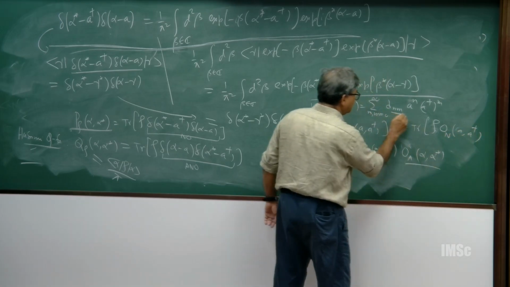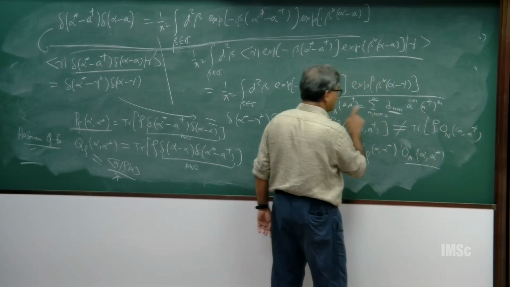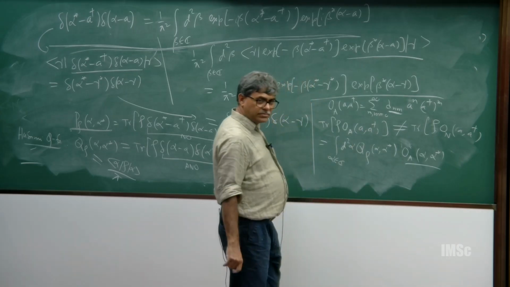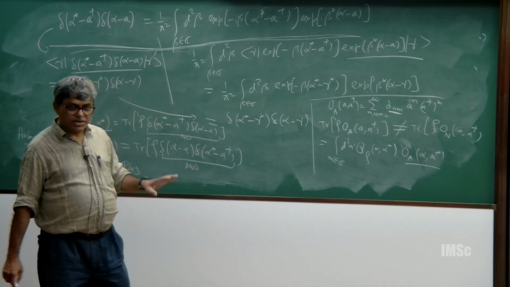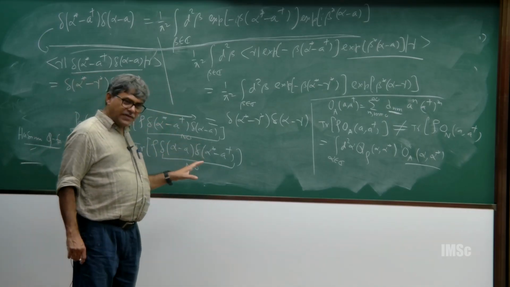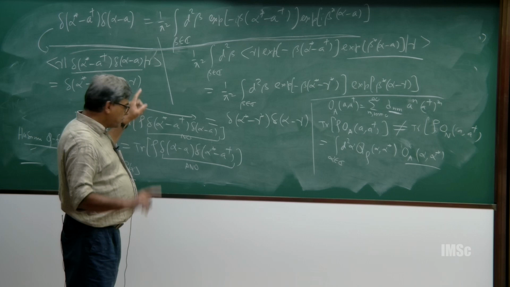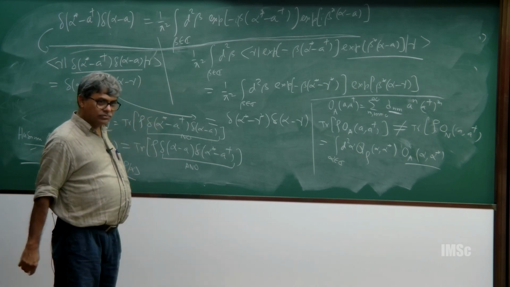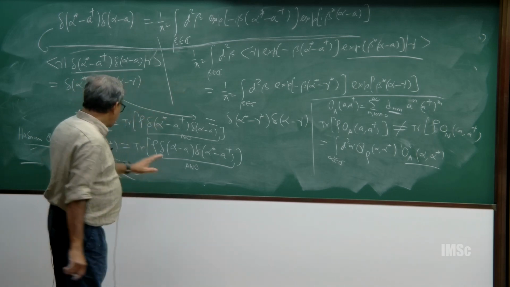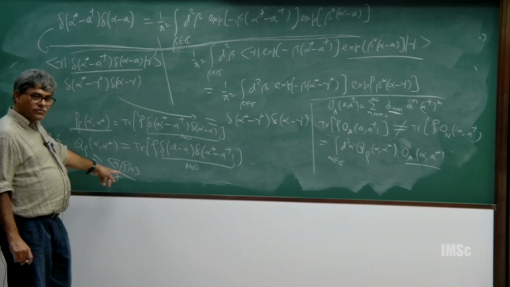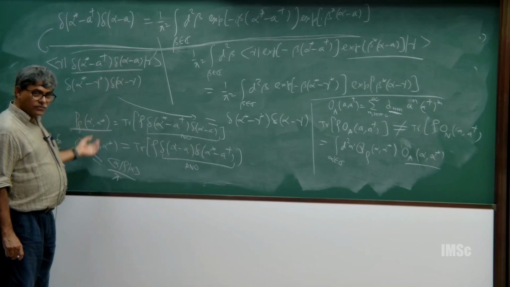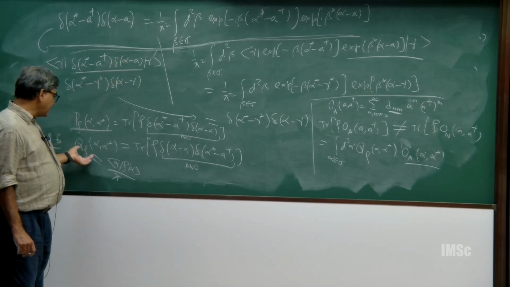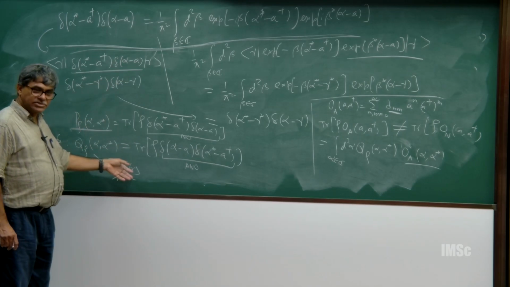Even if you take the coefficients for this and this to be the same, these are not the same. But we can go from one to the other. Yes, that you can go. So, this connection is there. From P to Q, and Q to P we can go. From Q to P it is easy. You express this rho in terms of the P distribution function, and then you can express Q as an integral of the P function.